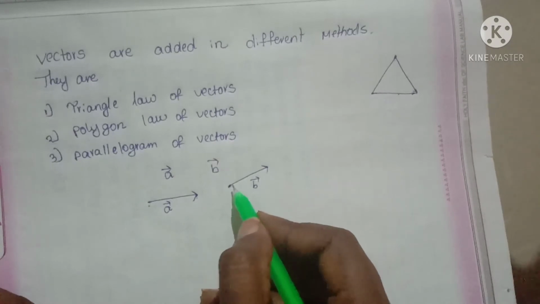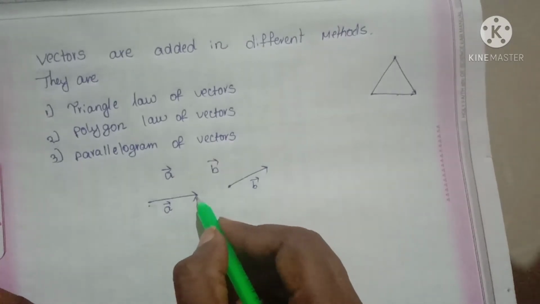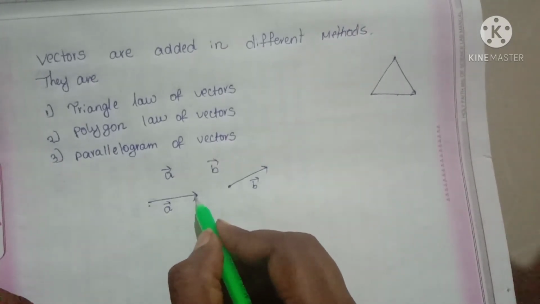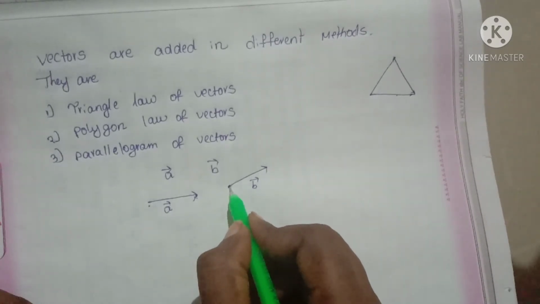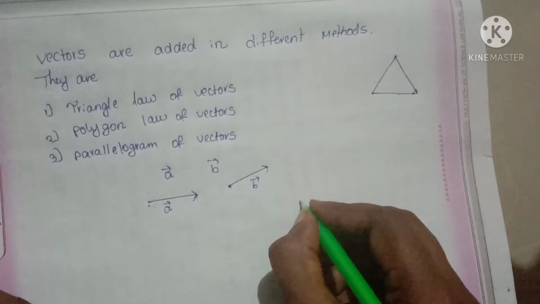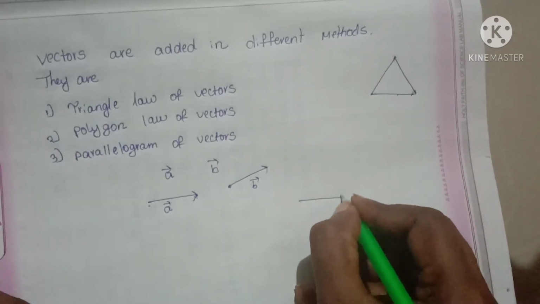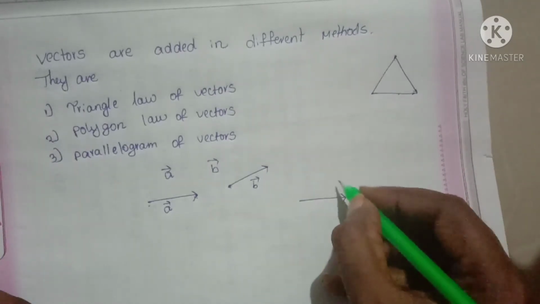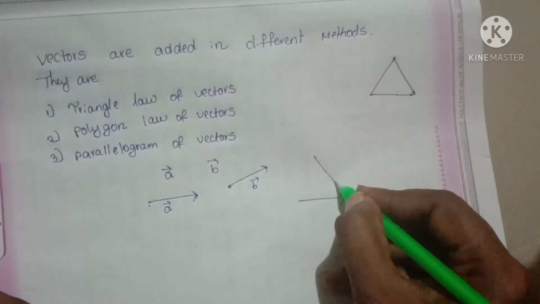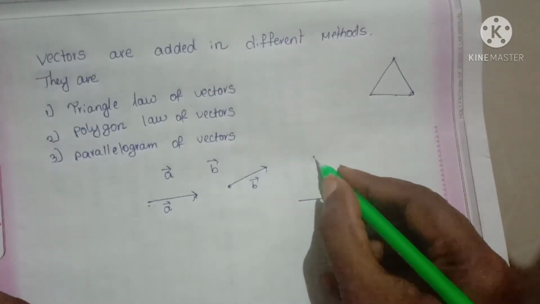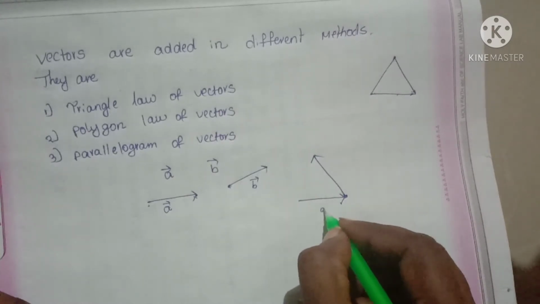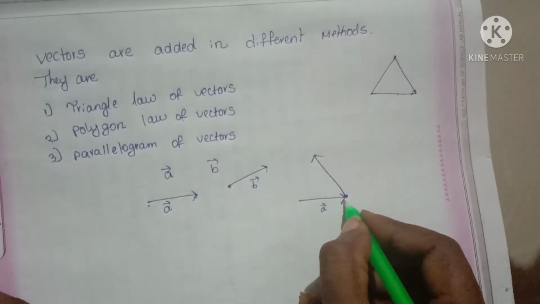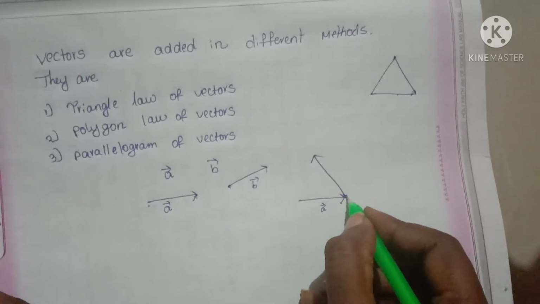Simply, as we said before, the two vectors are two sides of the triangle, so we can draw it like this. See here, the terminal point of the A vector coincides with the origin of the second vector.